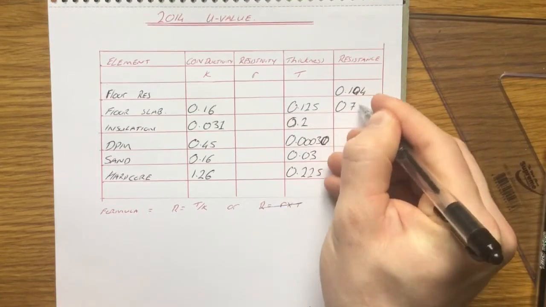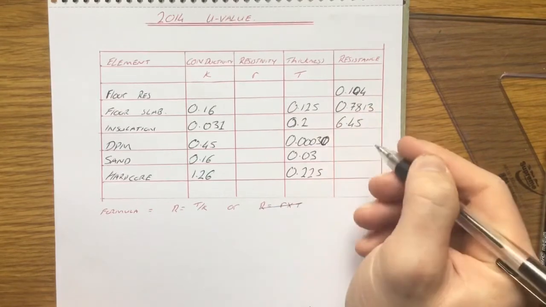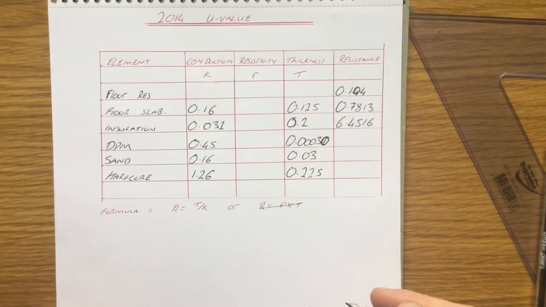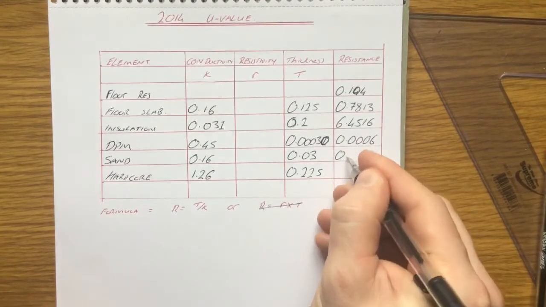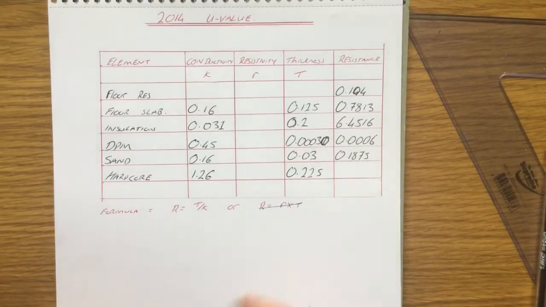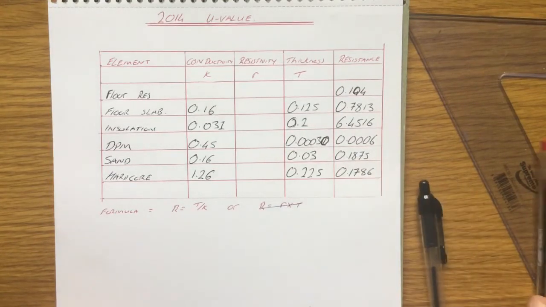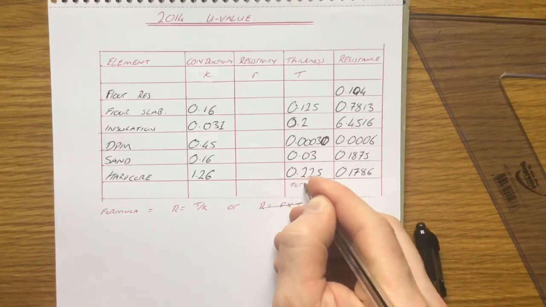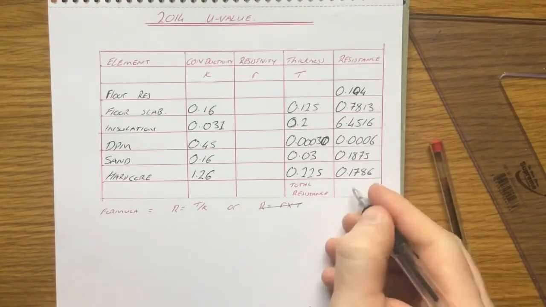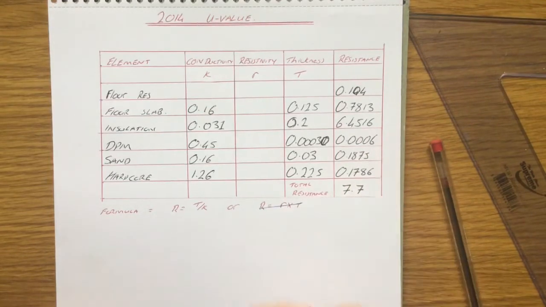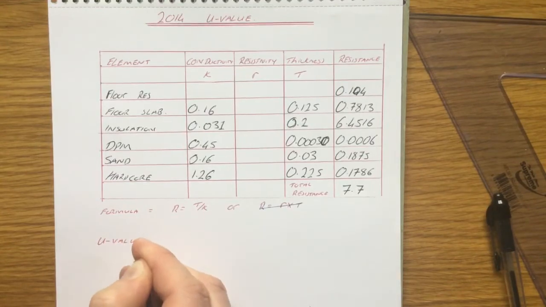Resistance is equal to thickness divided by conductivity. I then add up all my resistances to give me my total resistance.